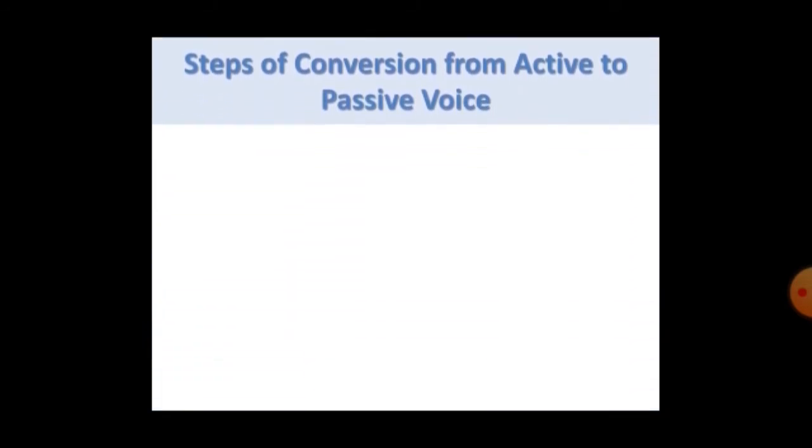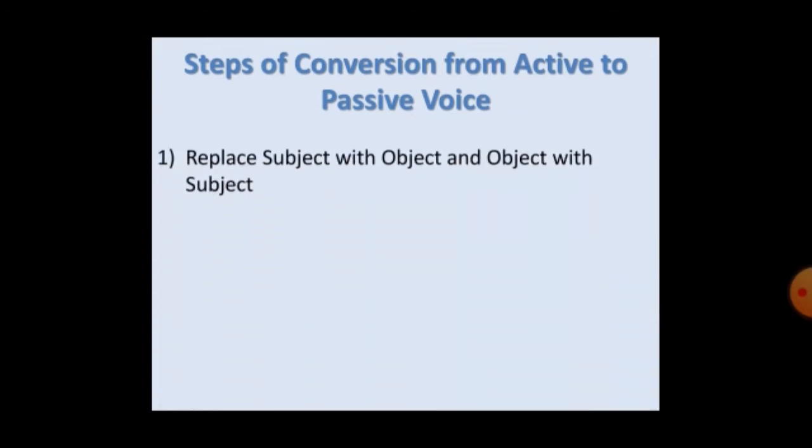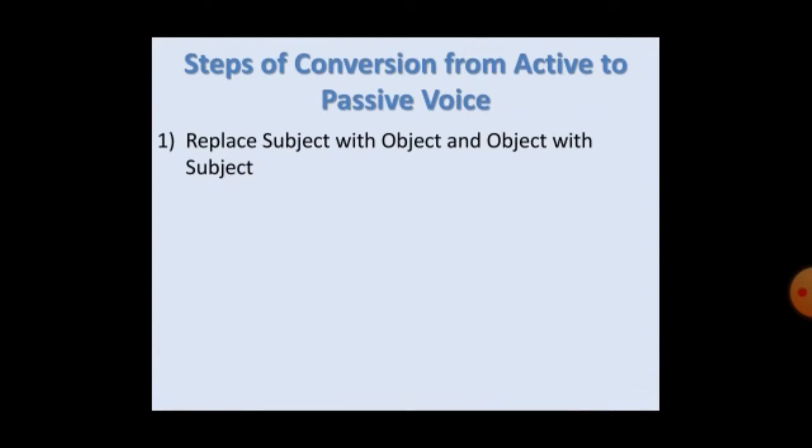So, example. Okay students, now I move towards the steps of conversion from active to passive voice. In order to convert active into passive voice, we have to take some steps. In the first step we replace the subject with the object and the object with the subject. In the second step we use respective helping verbs; in present simple we use the present simple helping verb.